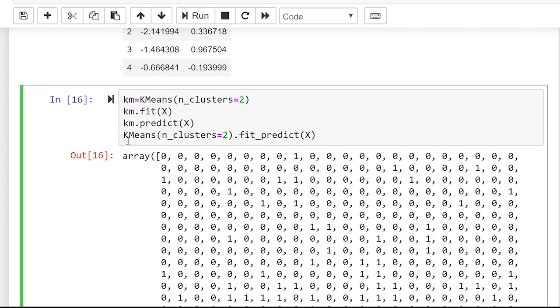What I would like to do is, in my data, create another column which is called km predictions, and I will assign these values into this column.